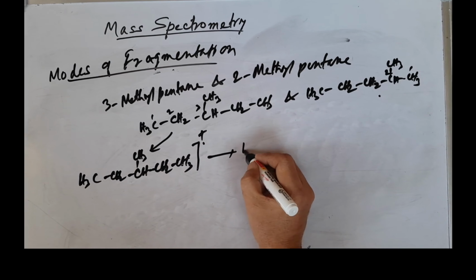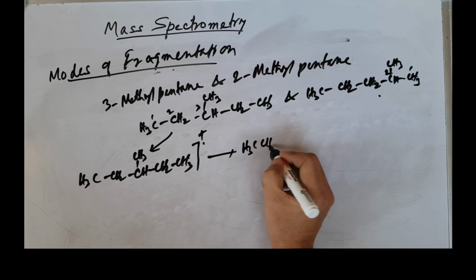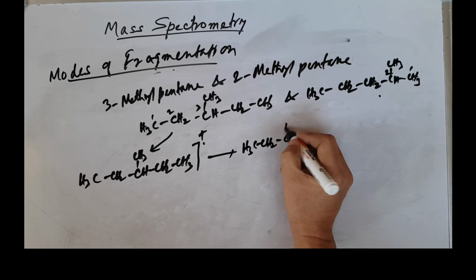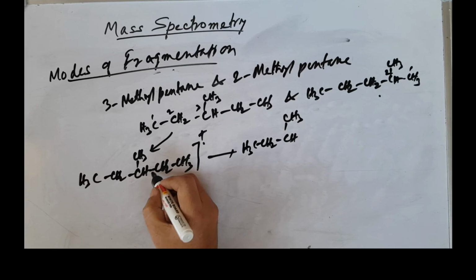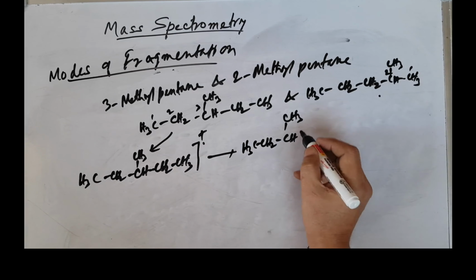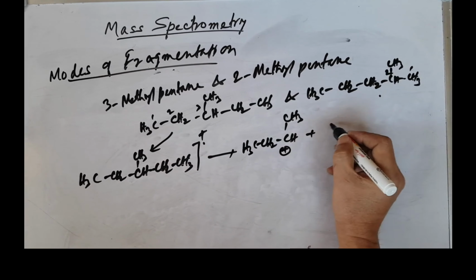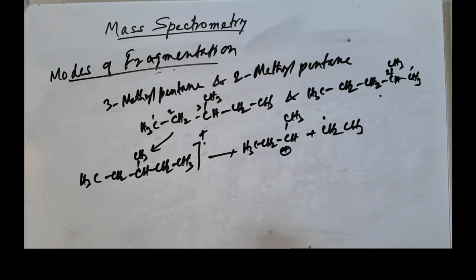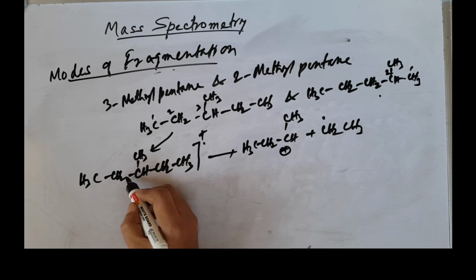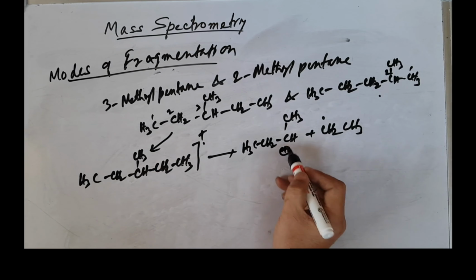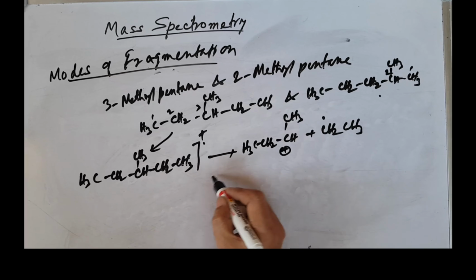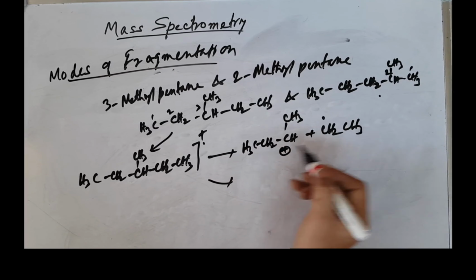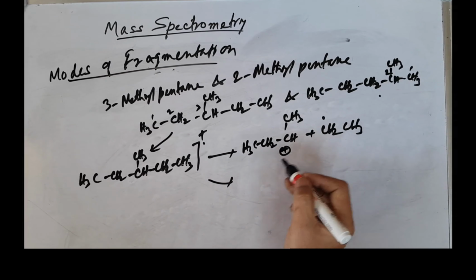So you can have CH3, CH2, CH3, where one electron goes this way, so you get a positive charge plus CH2, CH3. Then again it can undergo further fragmentations, and CH3 will leave.